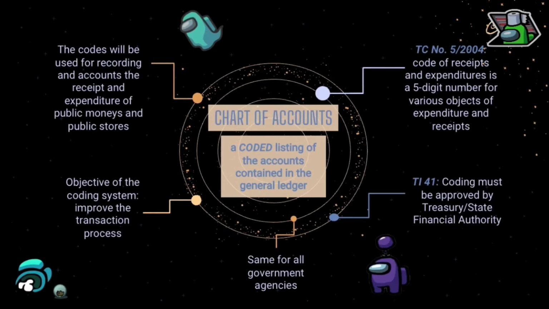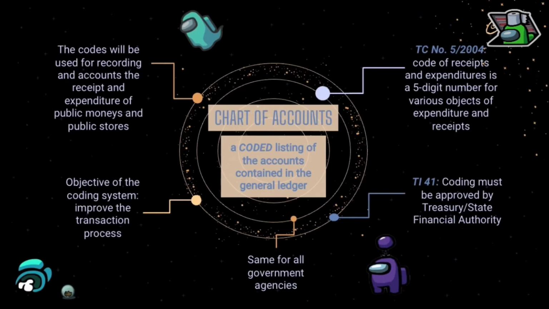The objective of coding system is to facilitate organization to improve the transaction process. Next, Treasury Circular number 5/2004 highlights that code of expenditure and receipt is a 5-digit number for various objects of expenditure and receipt. The code of expenditure is numbered from 10,000 to 50,000, while code of receipt is numbered from 60,000 to 90,000.